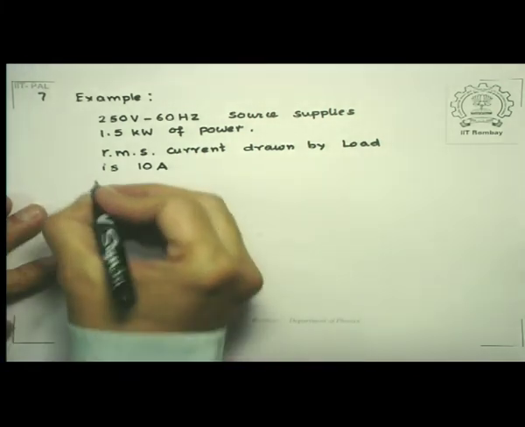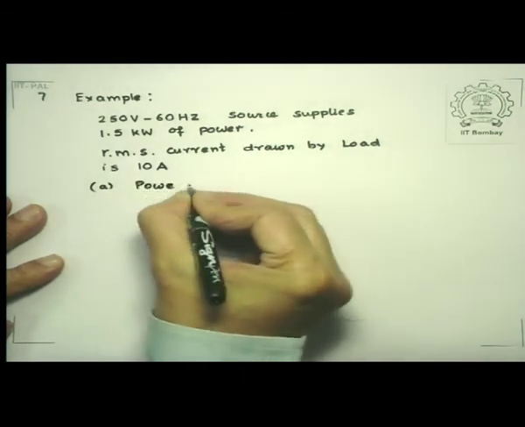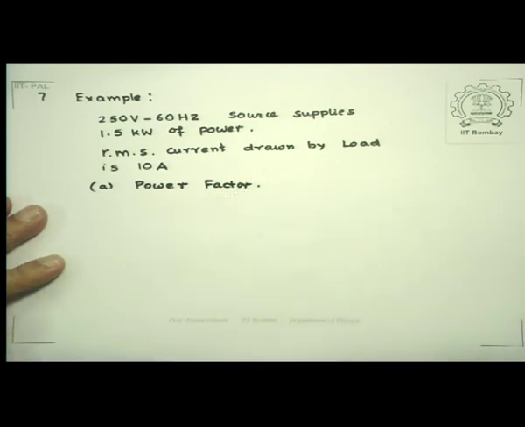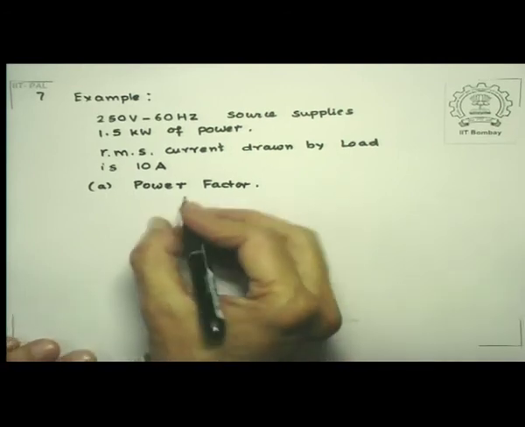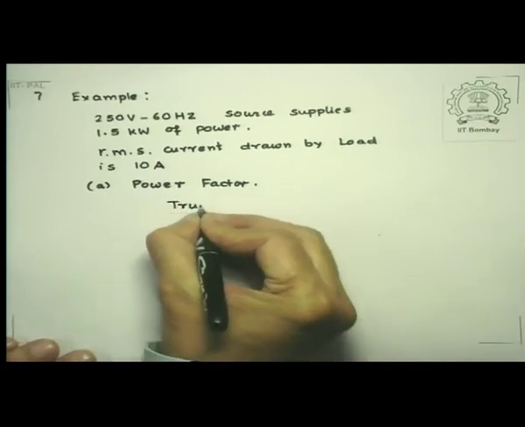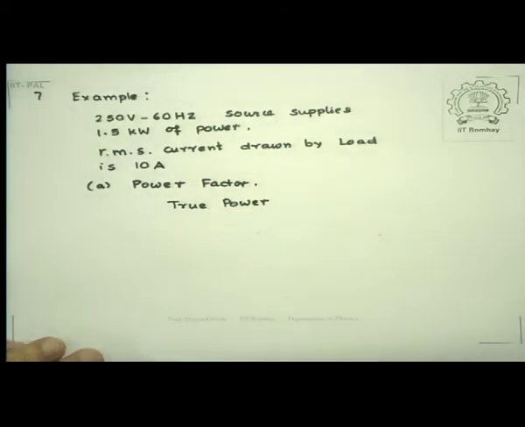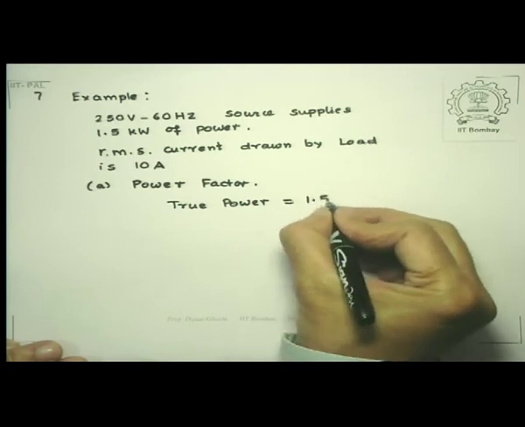So the first thing that I want to calculate is the power factor. Notice that we have been given that the true power, which as I said is the amount of power supplied by the source, is equal to 1.5 kilowatts.